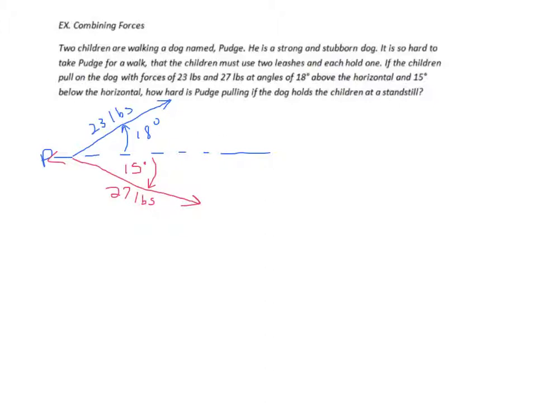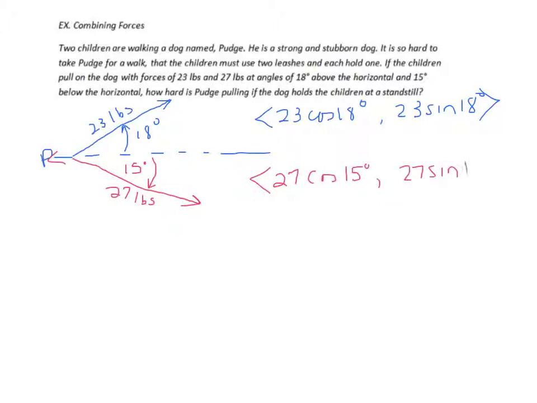So I'm going to write each one as a component vector. So the blue would be 23 cosine of 18 degrees and 23 sine of 18 degrees. Okay, so that's the blue child. And then the red child will be 27 cosine of 15 degrees, 27 sine of 15 degrees. Okay?